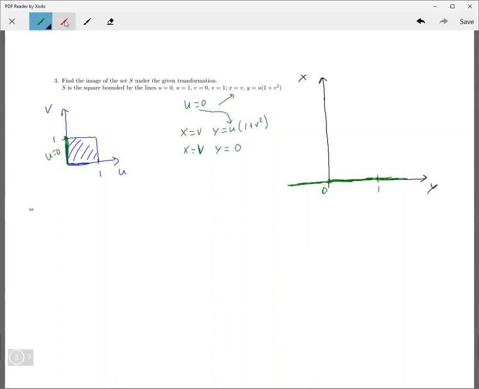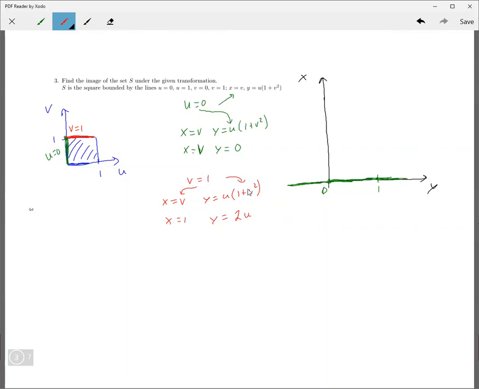Now let's do this one right here next, this top part. It's Y equals 1, right? No, I'm sorry. Not Y equals 1, it's V equals 1. What am I saying? That's V equals 1, right? So now, if we say V equals 1, and we plug that into here and here, then we get X equals 1, Y equals 2U.